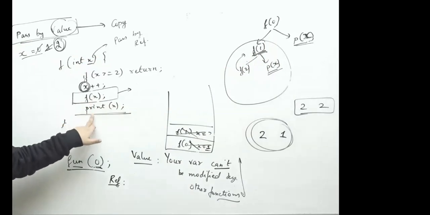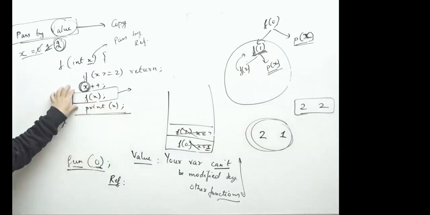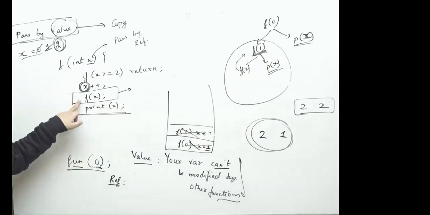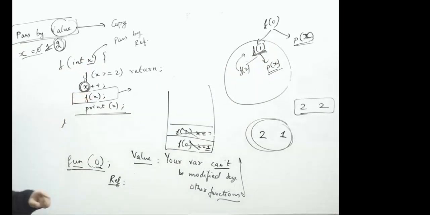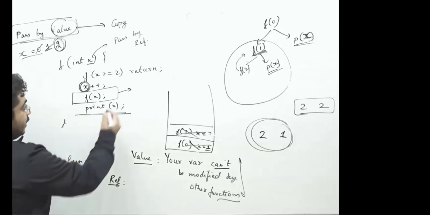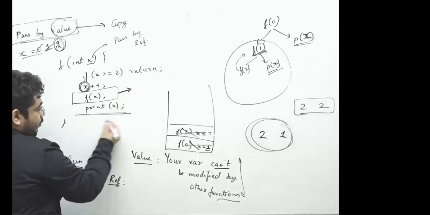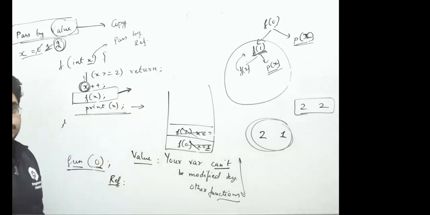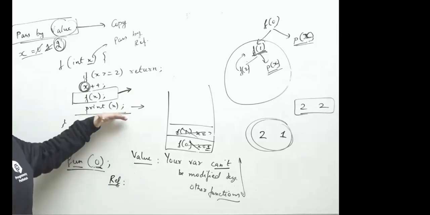Now I can't directly say it will print 1 after calling f of 1 because f of 1 might modify this x in its own run. Is that okay? Because order of execution is important. This will completely run, then only I will print. Right? So I can't just say value will be 1.